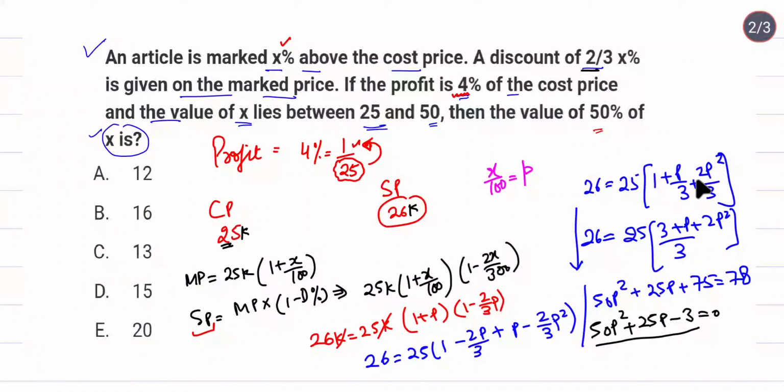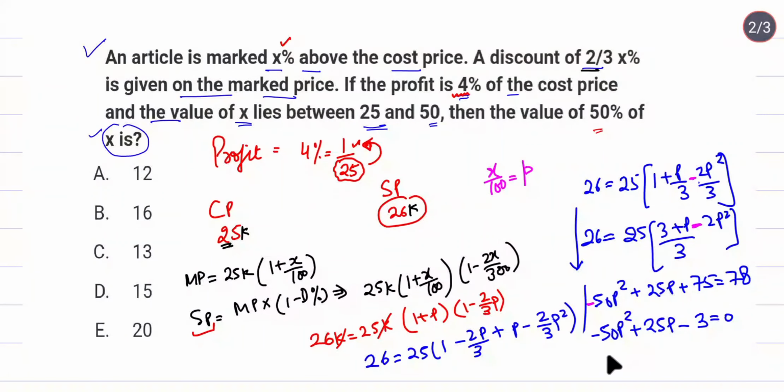So here we'll be having minus 50p square. So this would be minus, right? Minus will come here, minus 50. So I'll be taking out common here, and this is also p minus 2p. So this was fine, but the error was here, so let us rectify it a bit. So if I take out minus 50, writing these once again, minus 50p square plus 25p minus 3 equals to 0.